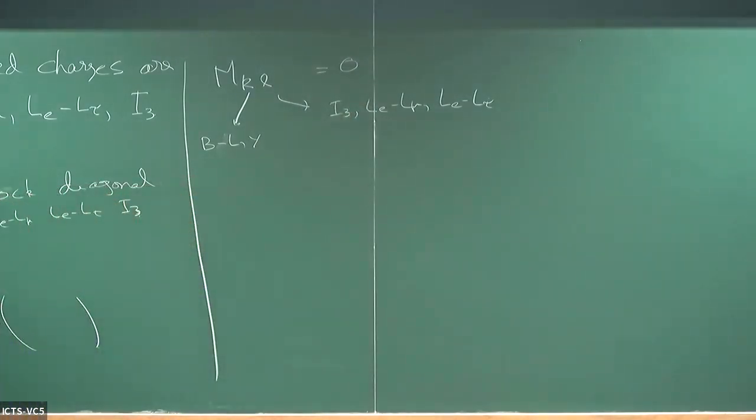That's what I mean by block diagonal. The component of the matrix between the first two and the last three will be 0. Is this clear? This is what we are trying to prove.